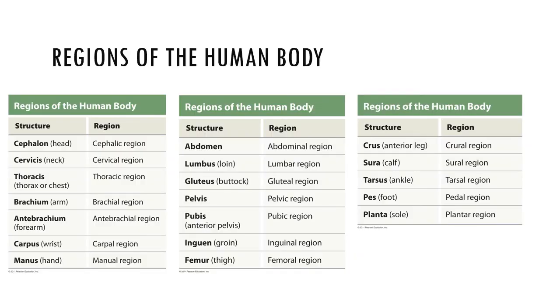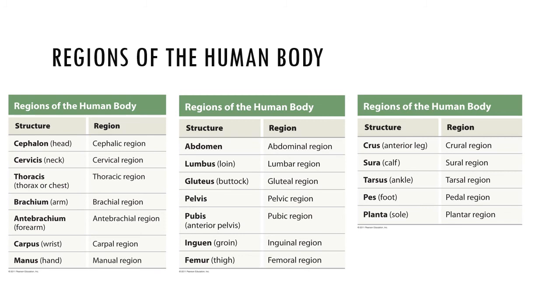So now we're going to get into some regions of the human body. Usually they're named after different structures, or the most prominent structure within that region. So the head region is known as the cephalon, so that's the cephalic region. The cervicus, or the neck, is the cervical region. The thorax is the thoracic region. Brachium, that's the arm.